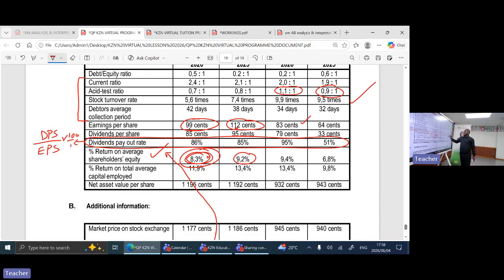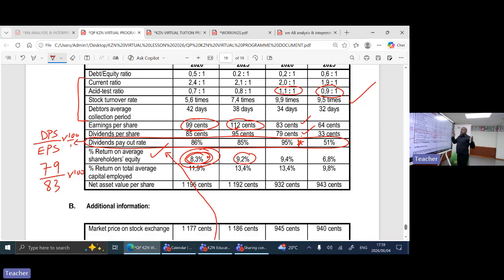83, which is their earnings per share, and 79, which is their dividend per share. Let's check if we are going to get this. So 79 over 83 multiplied by 100, just to prove to you that you can get it even if you are not given. You may be asked to calculate it, but now you were given it and are just asked to comment on it.